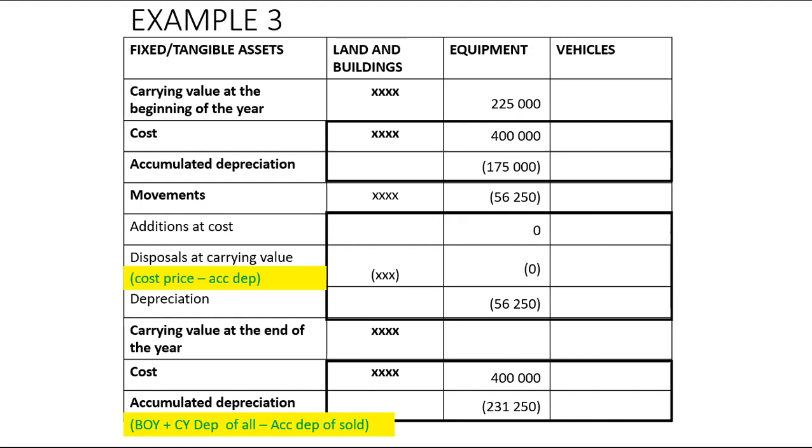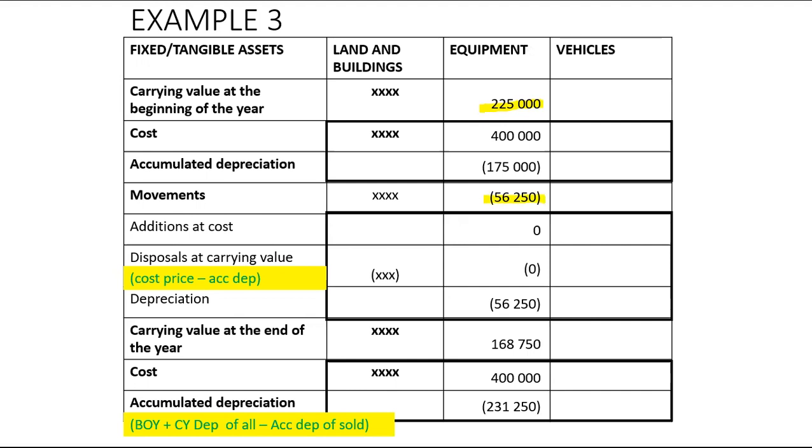231,250. At the end of the year, the carrying value will be 400,000 minus 231,250, and that will give you carrying value at the end of the year, which will be 168,750. You can get this 168,750 by taking this value, which is your carrying value at the beginning of the year, and minus your movements.